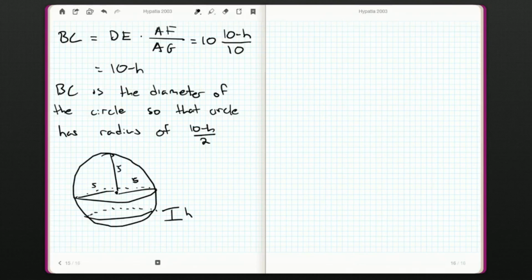Okay? If we were to connect the center of the sphere to a diameter of our cut circle, what would we have? Well, center O, and we'll say A and B over here.